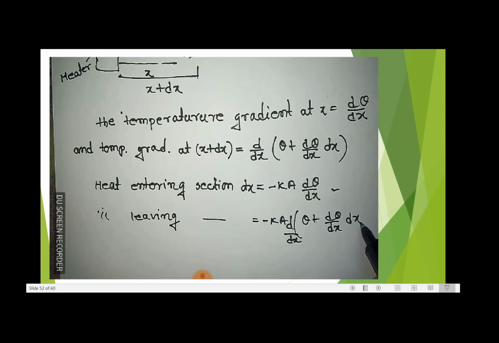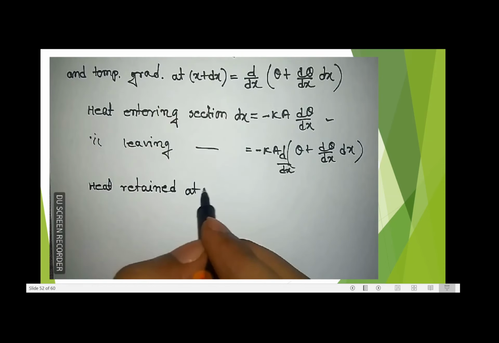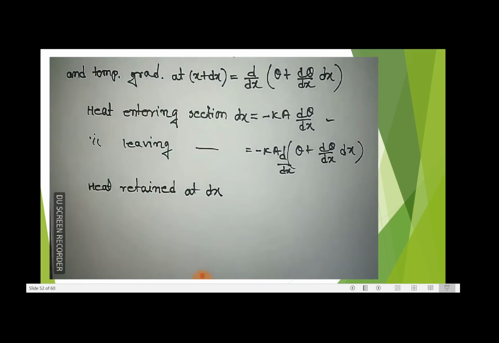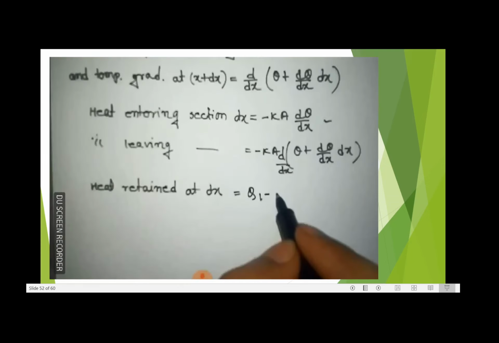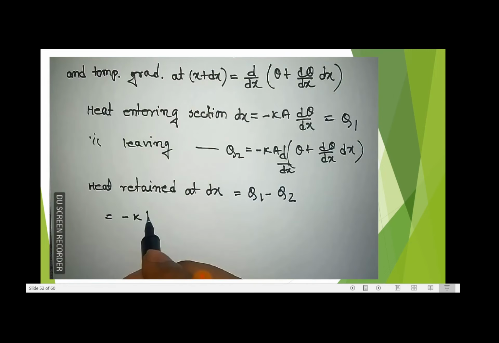now the heat that is retained in the section dx would be the subtraction of these two values, equal to q2 minus q1. Here q1 is the first quantity and q2 is the second one, and we put in the values of q1 and q2.